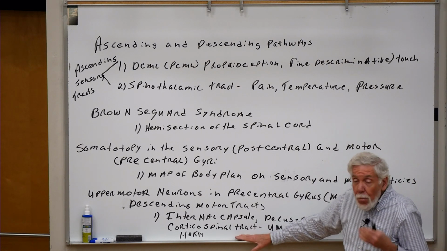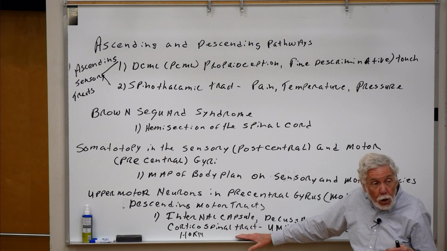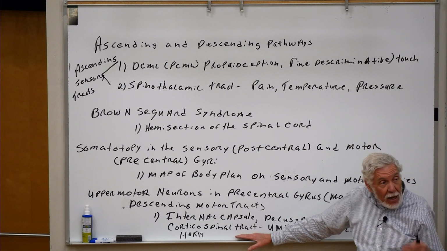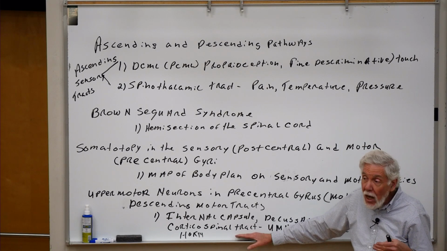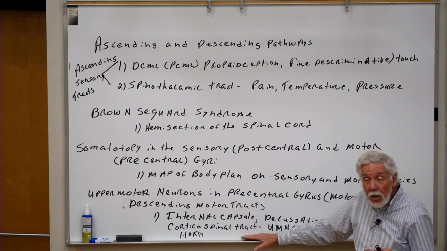We're going to label this tract, once it enters the spinal cord, as the corticospinal tract. There's again meaning in that term. Cortico tells you that the neuronal cell bodies are located in the cortex, and spinal tells you that its output region will be in the spinal cord.